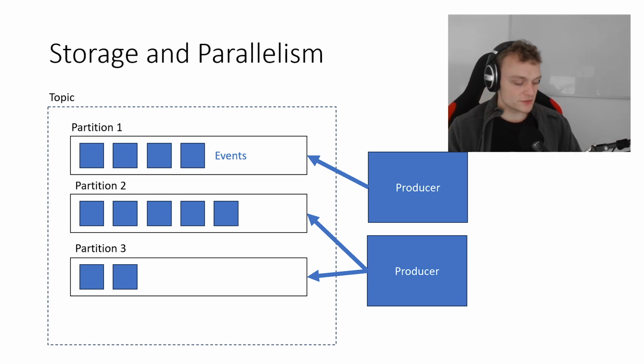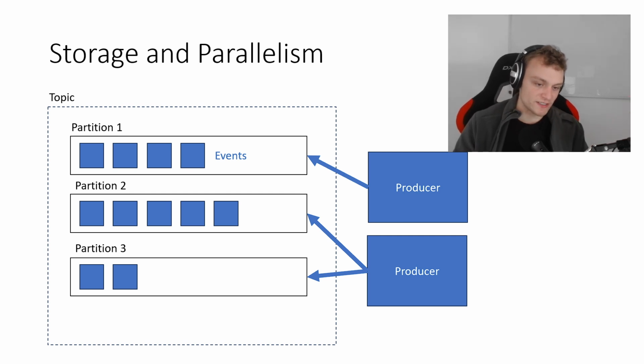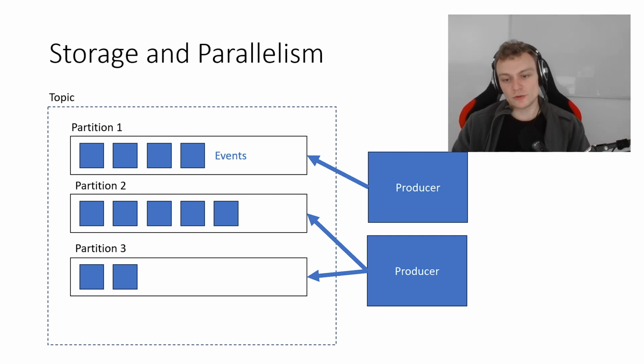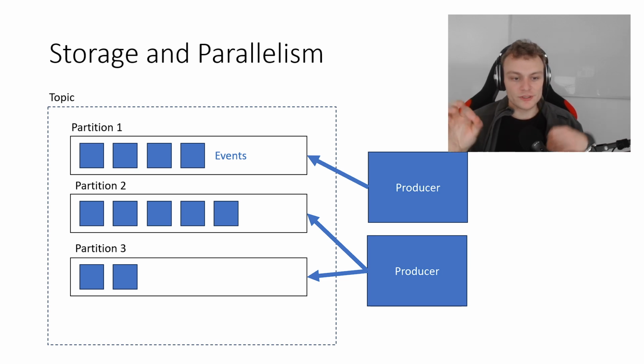The partitions are there to ensure that parallel access can happen. For example, there could be two producers and they write topics into multiple partitions because their messages start with different letters. So different partitions would fill up according to different speeds.